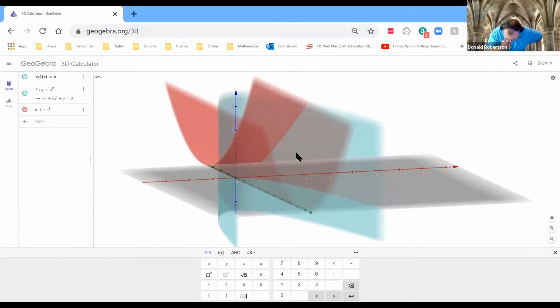So any basic shape that you want, can you imagine that you don't need to try and draw it on paper? You can just go to GeoGebra and have a good look at it. I think that's kind of cool. That's the kind of thing you can just play about with and have fun. But it's a tool that I think is helpful if you want to see what the heck you're doing, right?